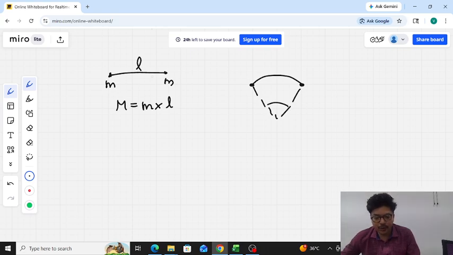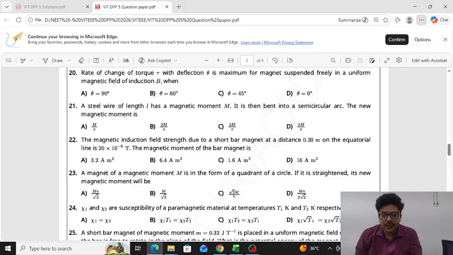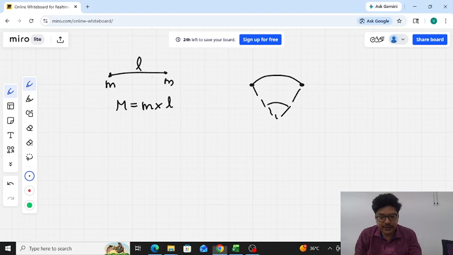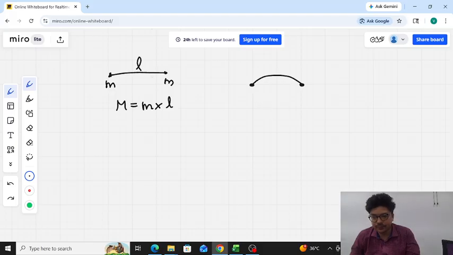This is a semicircular arc, right? So it will be like this. Now the distance between these two ends will be 2r.